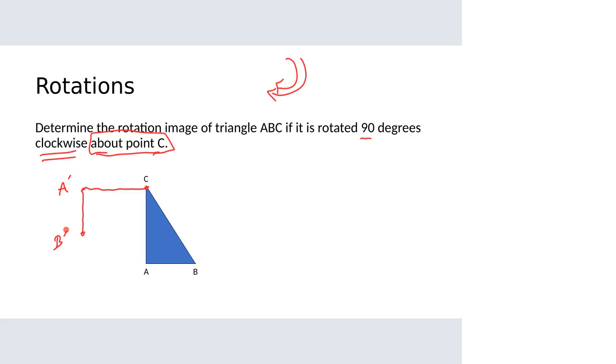And now the diagonal line, that's a little harder to work with, but really I just need to finish off my triangle, and I've rotated 90 degrees clockwise about point C. Rotations can be a little complicated, but if we just imagine what's got to happen there, and even for something like this, you could take your paper and just move it 90 degrees clockwise, and you can see what your finished product should look like.